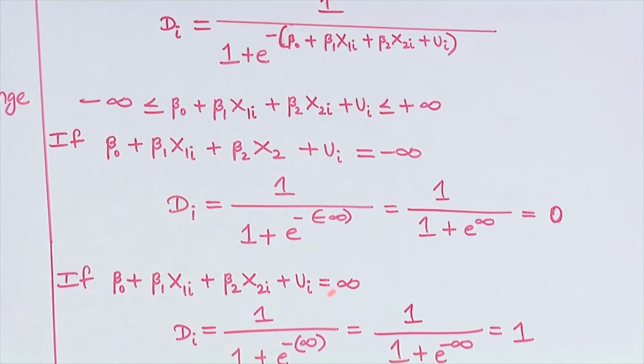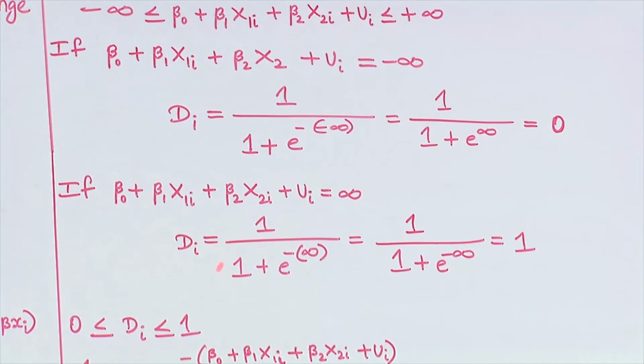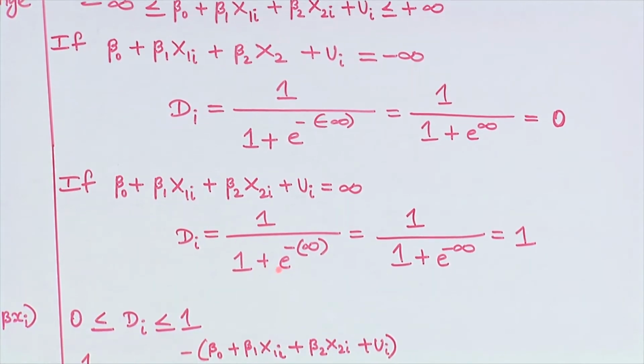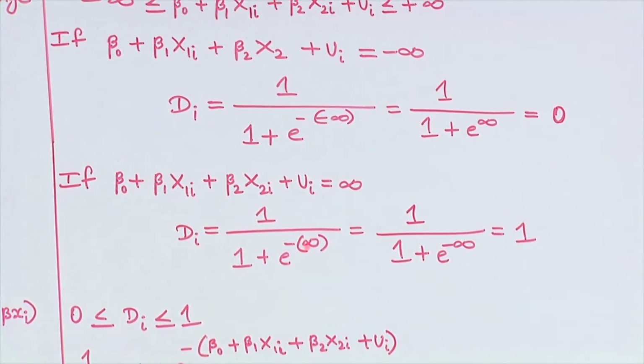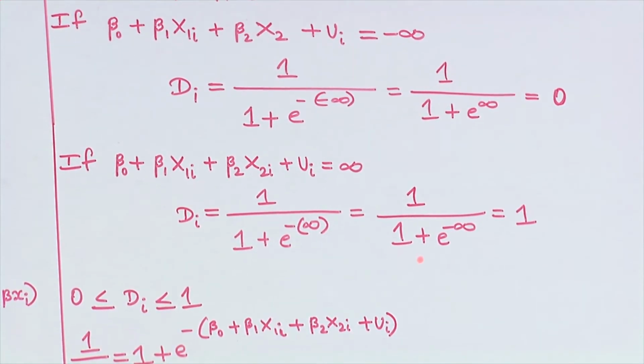If it is plus infinity, let us see what happens. 1 by 1 plus e power minus of infinity, that is equal to 1 by 1 plus e power minus infinity, this is 0, and so 1 by 1, that is equal to 1.